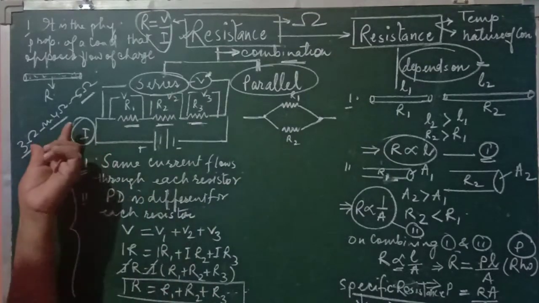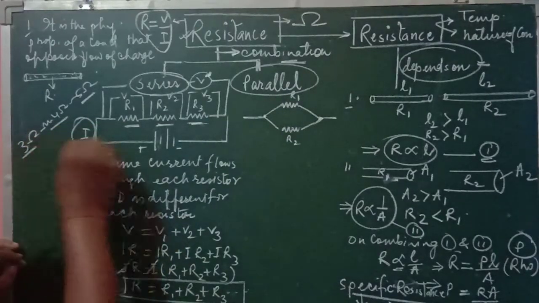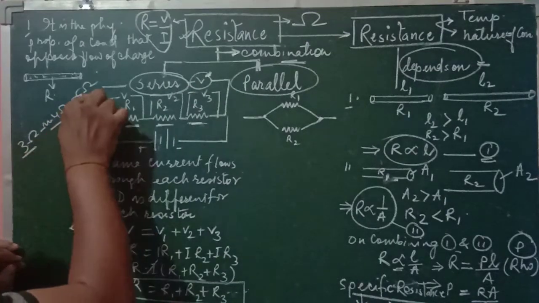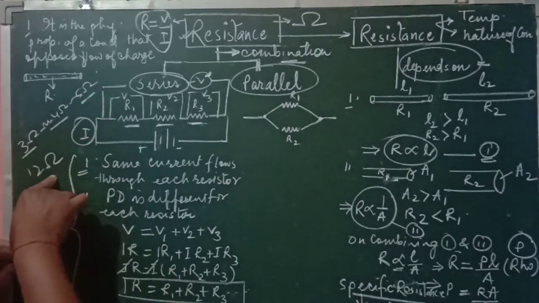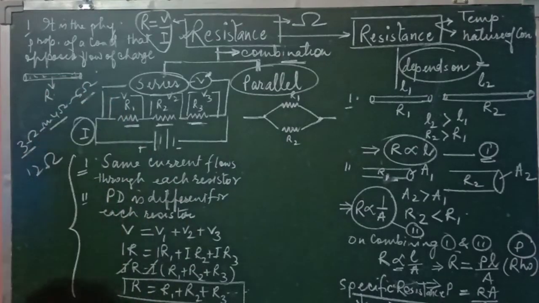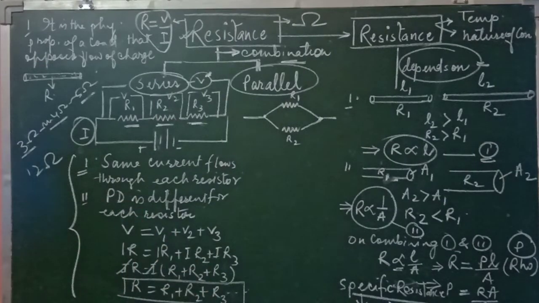So how will they work properly? Understood? This is the reason. And when they are combined in series, they are added: 4 plus 3 is 7, and 5 more is 12 ohm, meaning this 12 ohm is more than 3, 4 and 5 also. So net resistance is more than each resistance in a series combination.